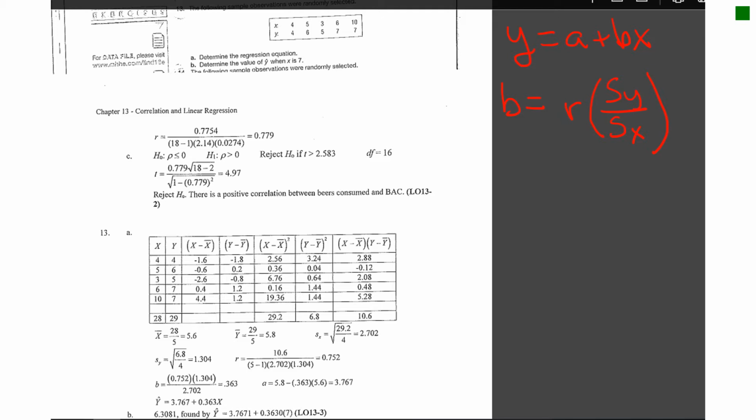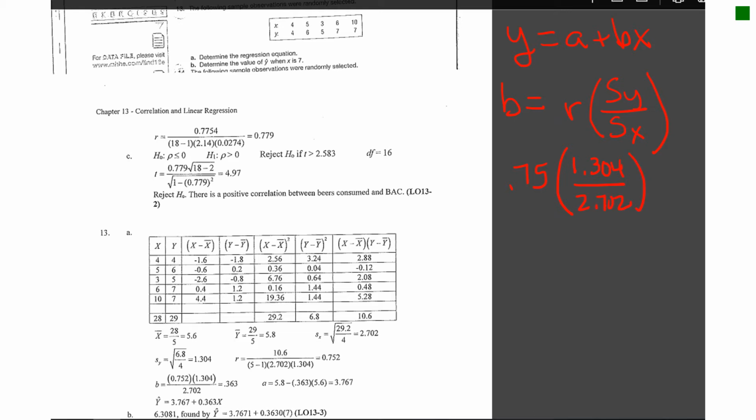So at this point, if we did that, the correlation was what? It was 0.75 approximately. I think they rounded this a little bit farther on this one, but let's start with 0.75 multiplied by the standard deviation of y, which in this problem is about 1.3, but 1.304 is what they're using, over the standard deviation of x, which is about 2.702.